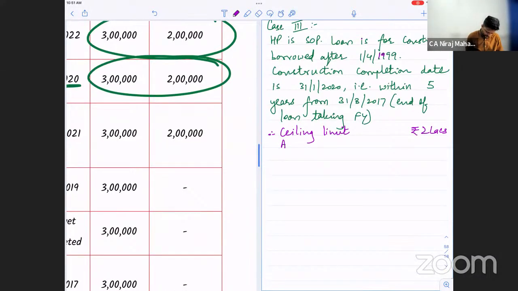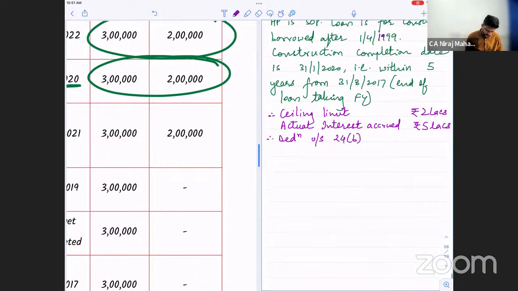Actual interest accrued. Therefore, it is the lower of 2 lakhs or 5 lakhs. Simple till here.